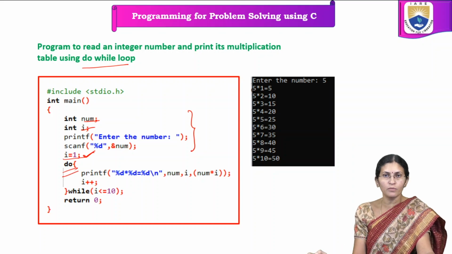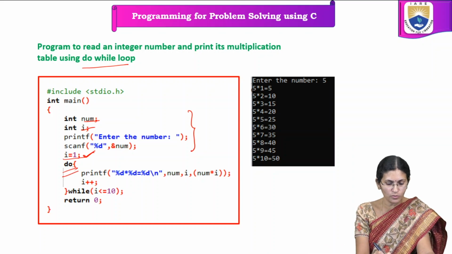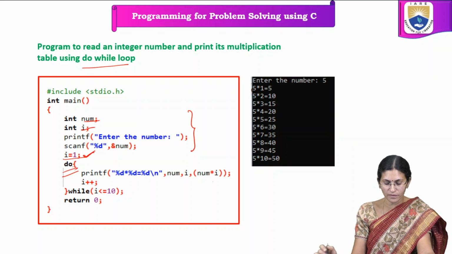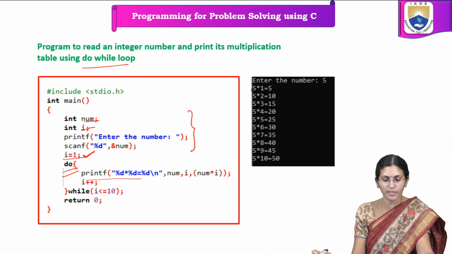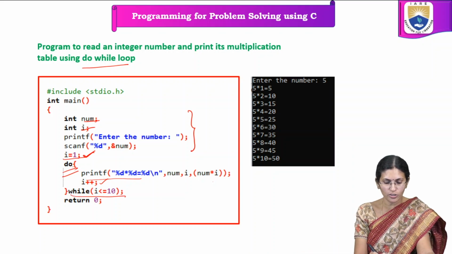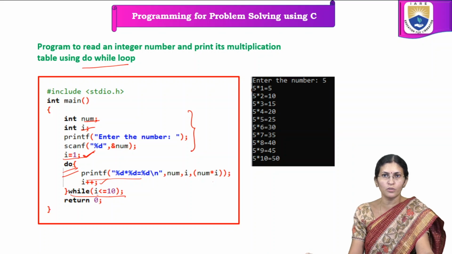Next, the do while loop. The syntax of the do while loop is do followed by curly brackets, inside which we write the statements which are to be repeated a number of times, and here we need to write the update expression also. After that we need to check the condition. Here the condition to be checked is I less than or equal to 10.